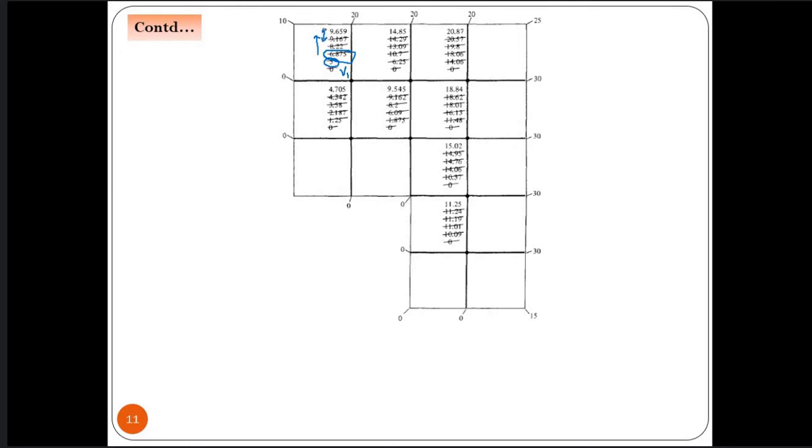It is found that after applying these iteration steps, the value of V1 goes from 9.16 to 9.659. They are very close to each other. Not only that, for other values also: 14.29 to 14.85, 20.57 to 20.87, 18.62 to 18.84, 9.16 to 9.45.